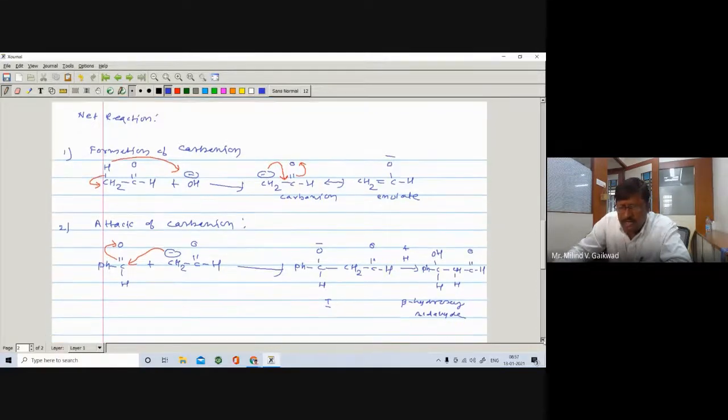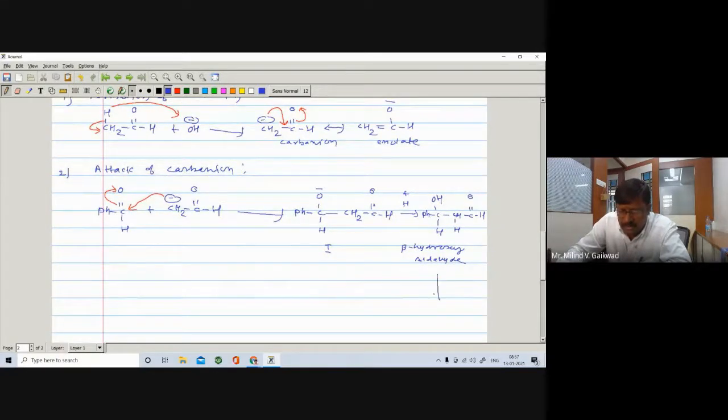This beta hydroxy aldehyde, if you heat it at 80 degree centigrade temperature, then it undergoes dehydration, removal of water. How? Oxygen is more electronegative as compared to carbon. This sigma bond opens on the OH, OH negative and C positive.